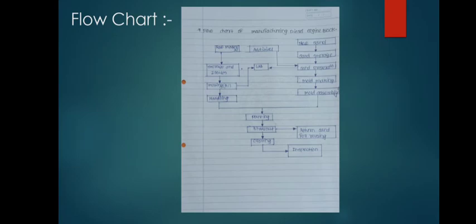Here is the flow chart of manufacturing of diesel engine block. Firstly, we considered selection of raw material and storage of raw material. Then we move to sand preparation and mold making.